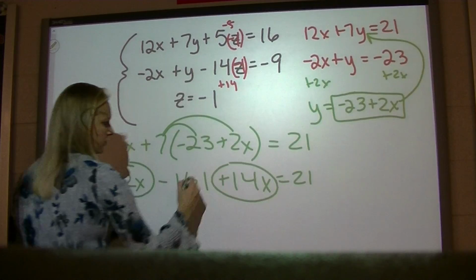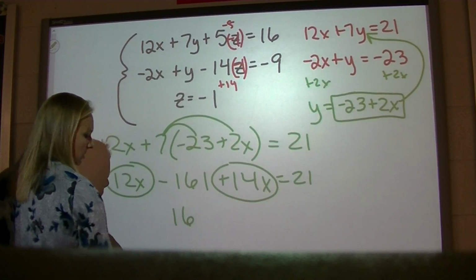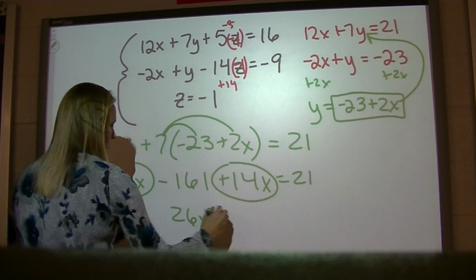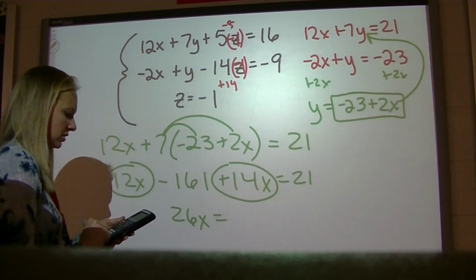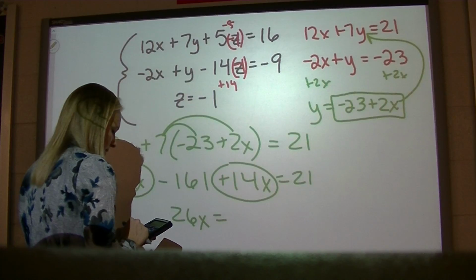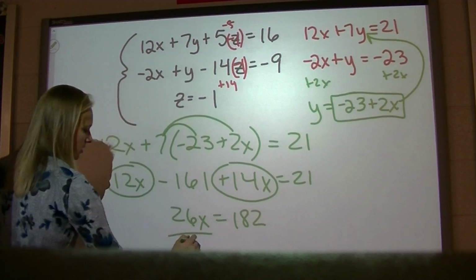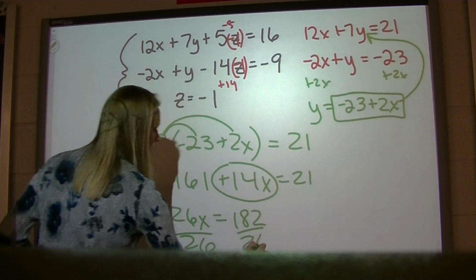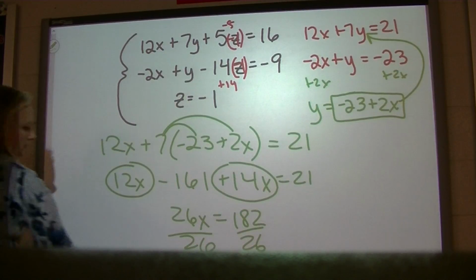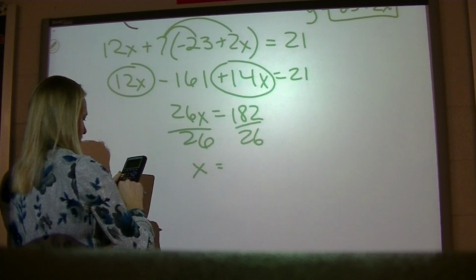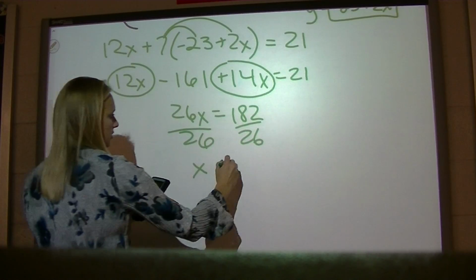So 12x plus 14x is 26x equals 21 plus 161, is 182. And then I would divide both sides by 26, and we would end up getting x equals 7.